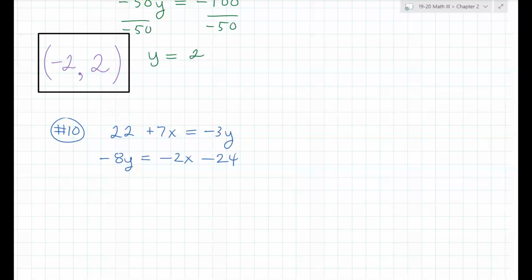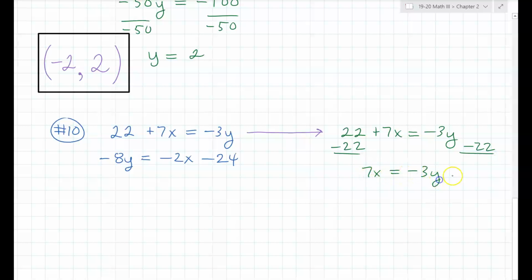Okay, so let me do this really quick. 22 plus 7x equals negative 3y. Let me move the number over to the right side. I'm going to subtract it. So I get 7x equals negative 3y minus 22. And then let me get that negative 3y and put it to the left so I can have my variables on the left side.